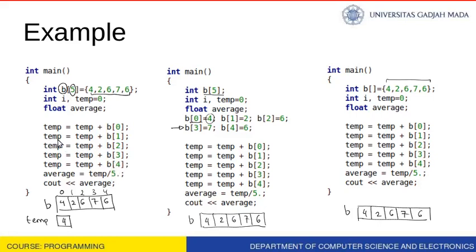And then the next line is that we add the temp variable with b1. What is b1? b1 is 2 here. So 4 plus 2 will be 6. This will be 6. I'll make it bigger.